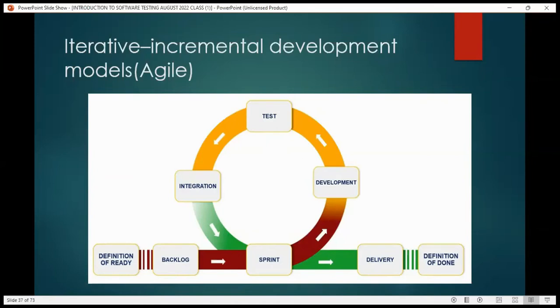The definition of ready, backlog, sprints, development, test, integration, delivery, and definition of done. These 2, definition of ready and definition of done, just have them.